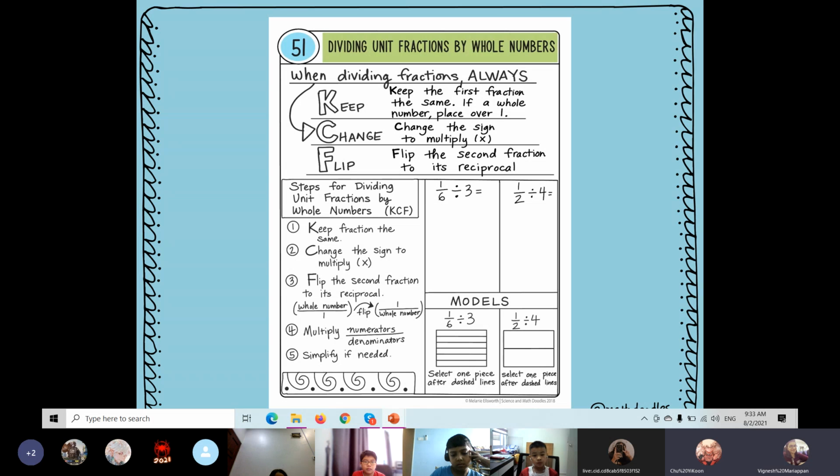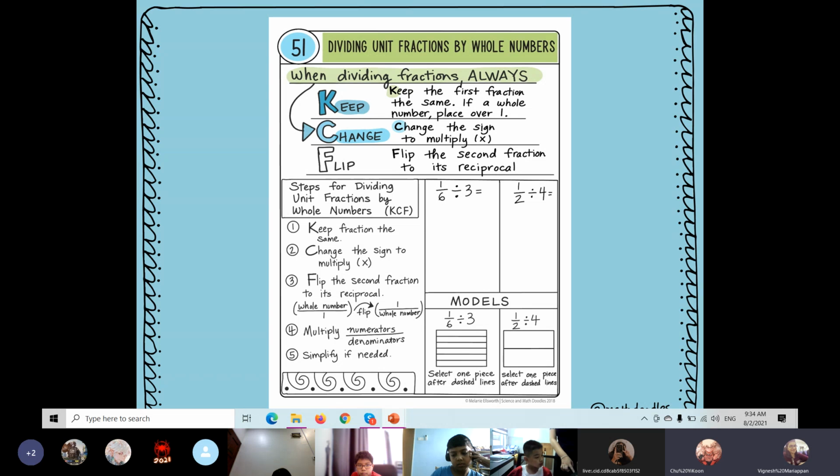Okay, how? First thing you have to do is keep the first fraction the same. If it is a whole number, place it over 1. Teacher is going to show an example. And then change: you have to change the division sign to the multiplication sign. And the third one is flip: the first fraction remains the same, no changes. The division sign changes to the multiplication sign.